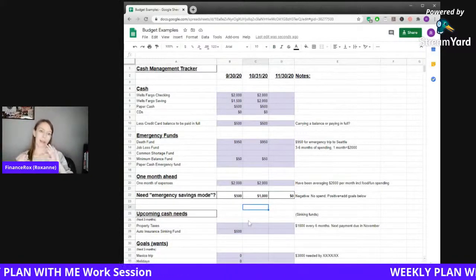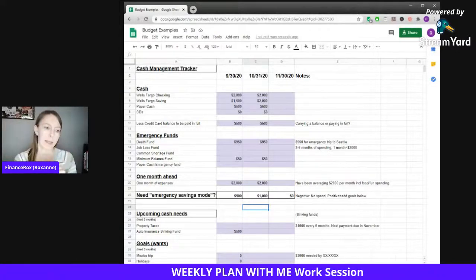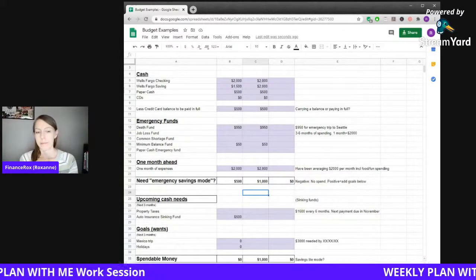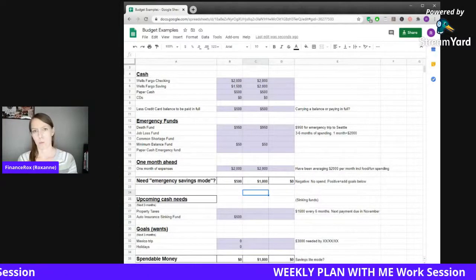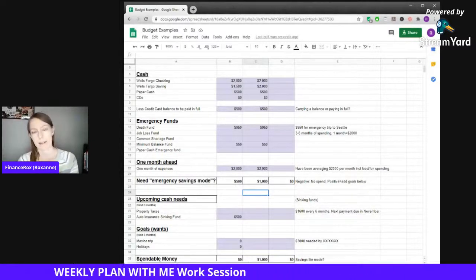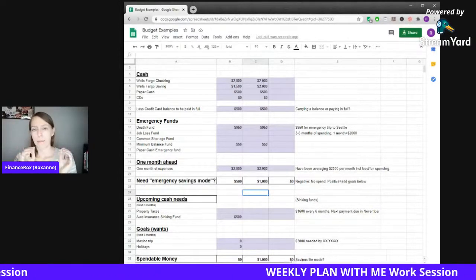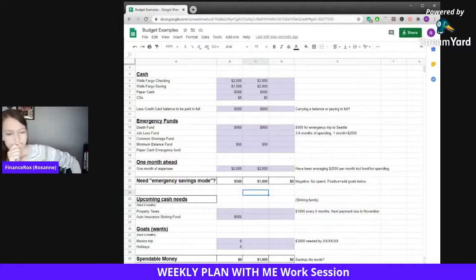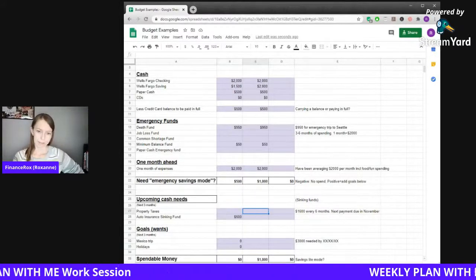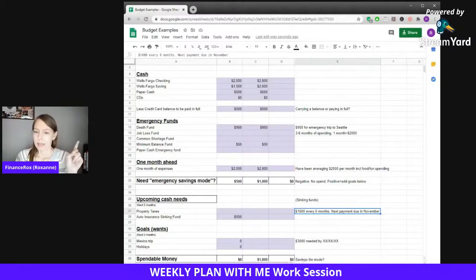Okay, so after I had the emergency fund basics covered and 1 month ahead, the next thing I did was start adding my wants, things that I wanted to start saving up for. And then also, like I mentioned at the beginning, sinking funds. So if you want to have money set aside each month, for example, we pay our property taxes twice per year, and it's $1,600.